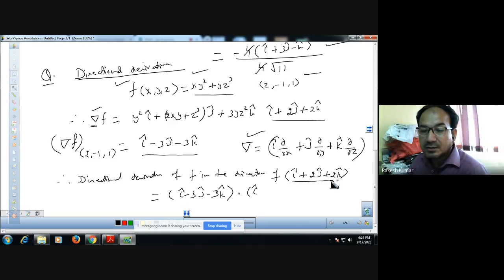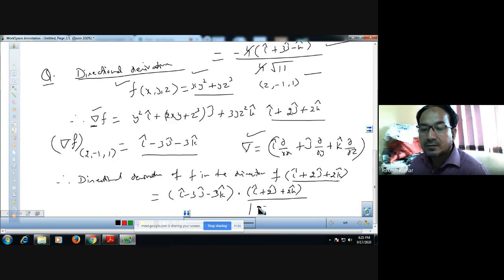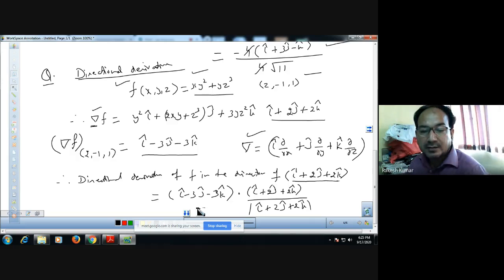So you just need to find out the unit vector of this. So finding out the unit vector normal to this surface, you need to take the magnitude in the denominator, because this is the way to find out the unit vector normal to the surface.